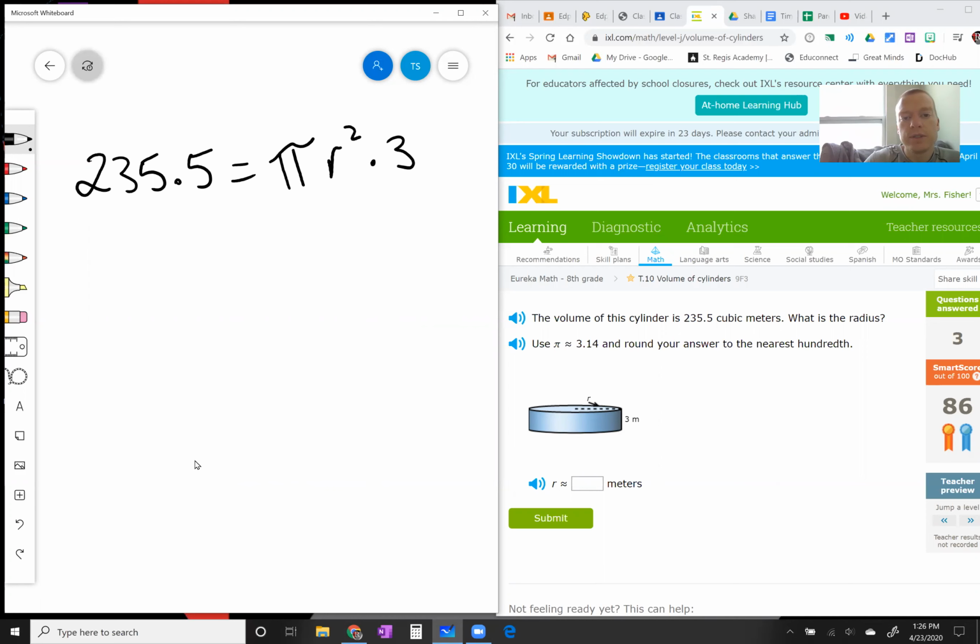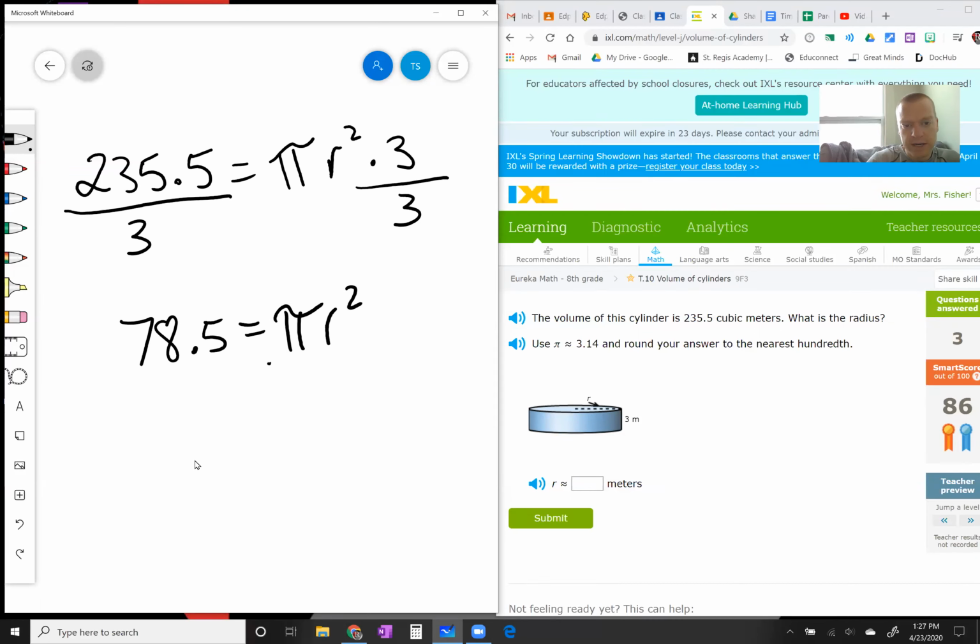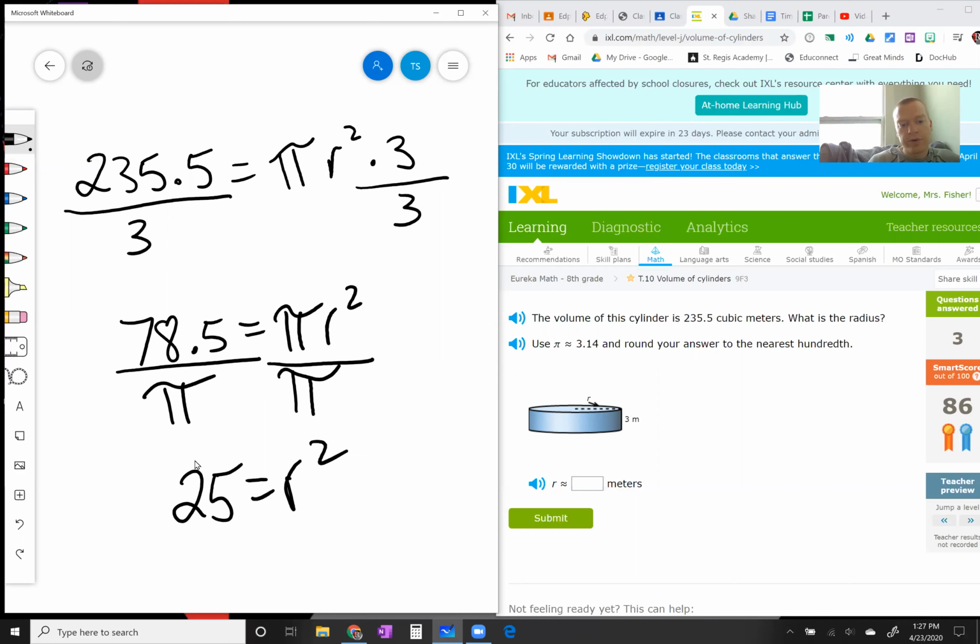The first thing we need to do is divide by 3 on both sides. 235.5 divided by 3 is 78.5, and that equals pi r squared. Divide by pi: 78.5 divided by 3.14, you get 25. I think you see where this is going now, right? The square root of 25 is 5.